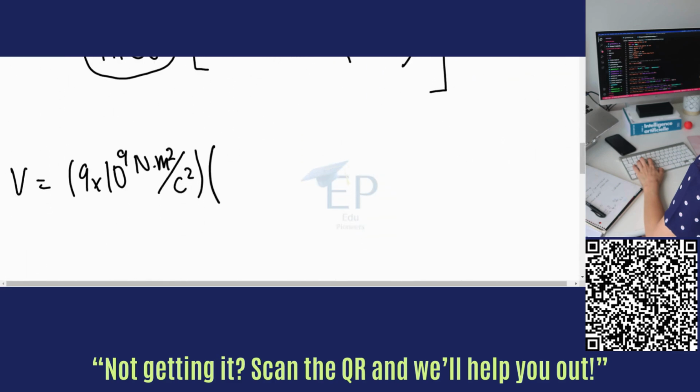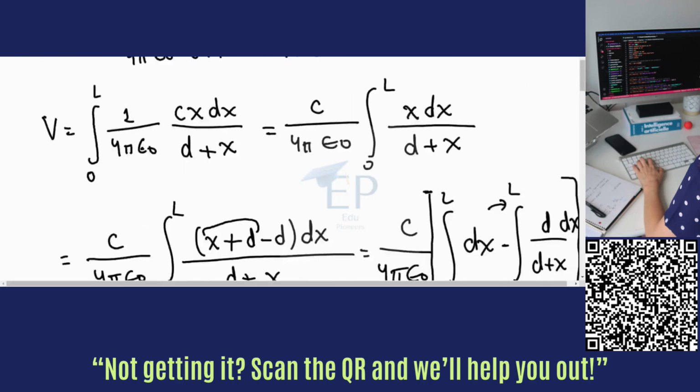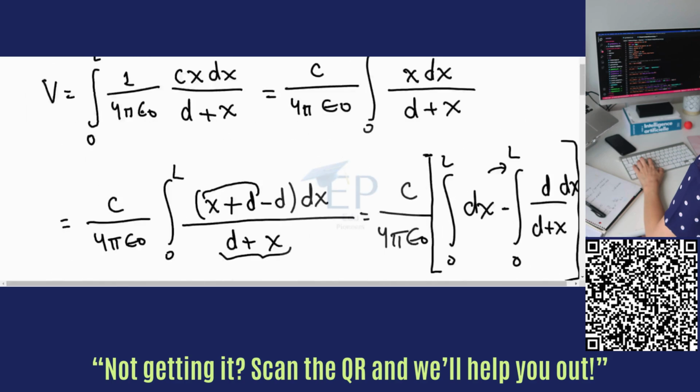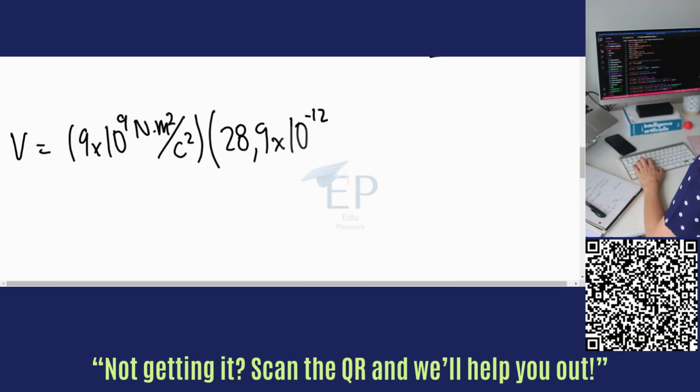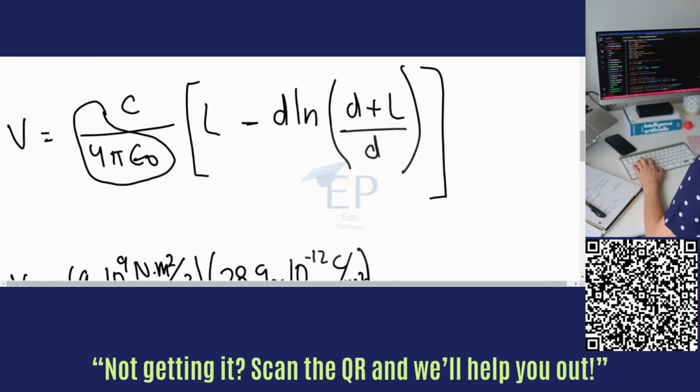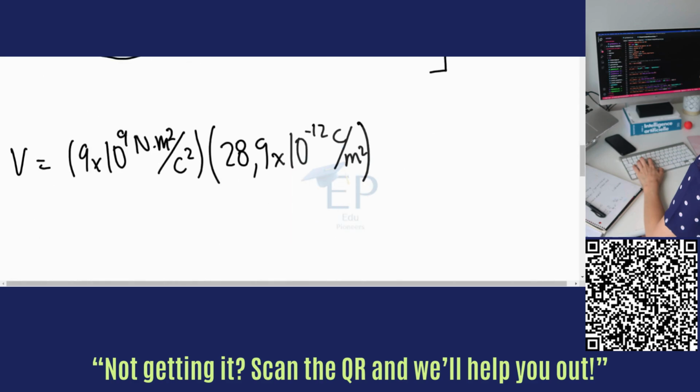Pico is 28.9 times 10 to the minus 12 coulomb, let me verify, coulomb per meter square. And we also have, oh, this is it.